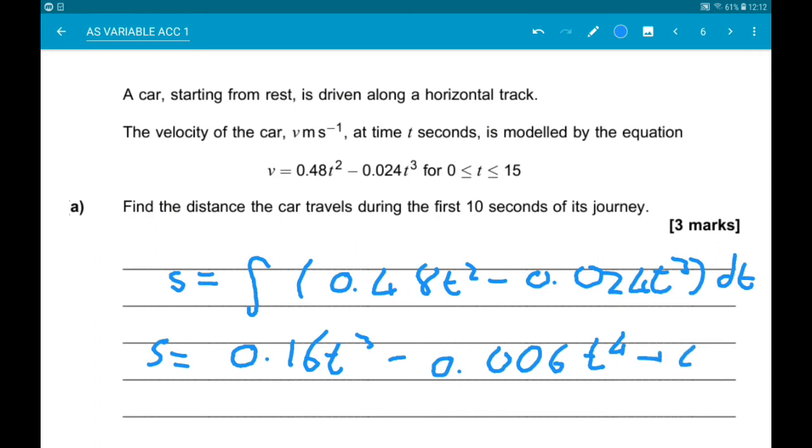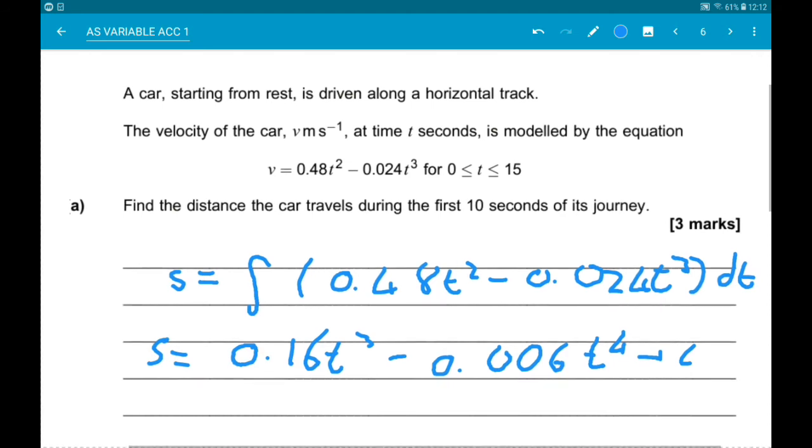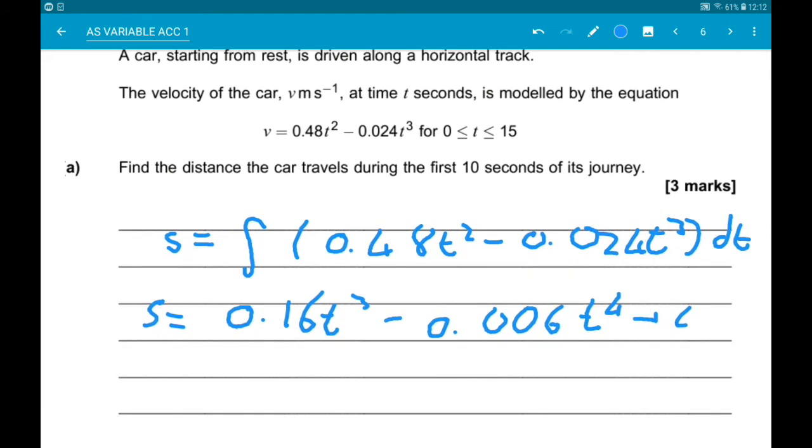Now, we know we're interested in displacement from a starting point. So, when t was 0, we know displacement was 0. So that tells us c is 0.